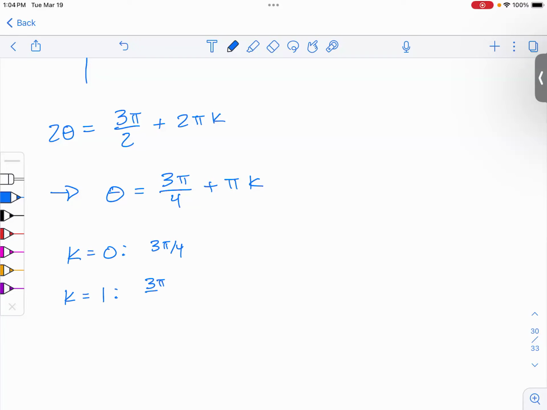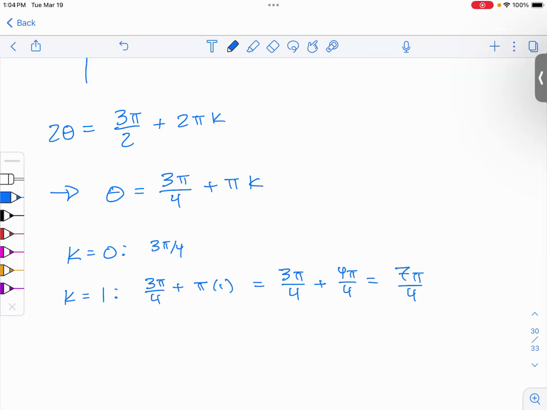So 3 pi over 4 plus pi times 1 is 3 pi over 4 plus 4 pi over 4, common denominator, 7 pi over 4. I already know that's the highest we can get, because 8 pi over 4 is 2 pi.